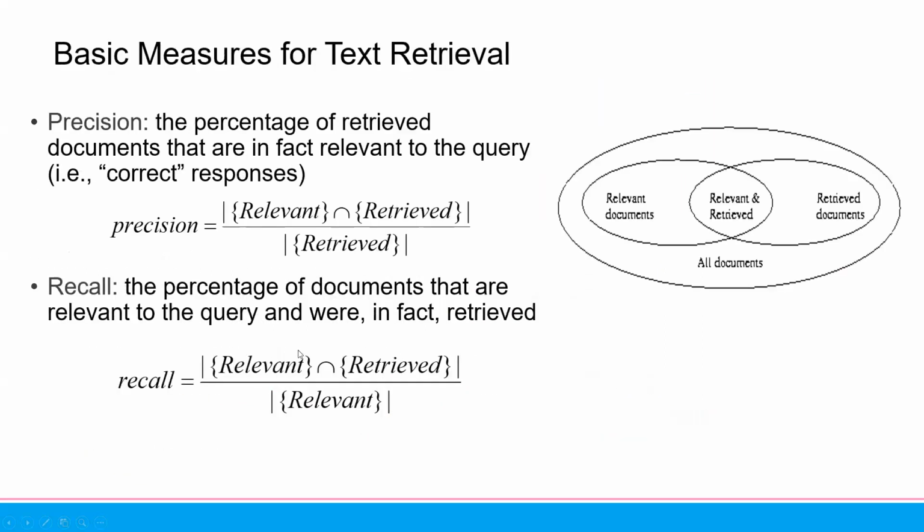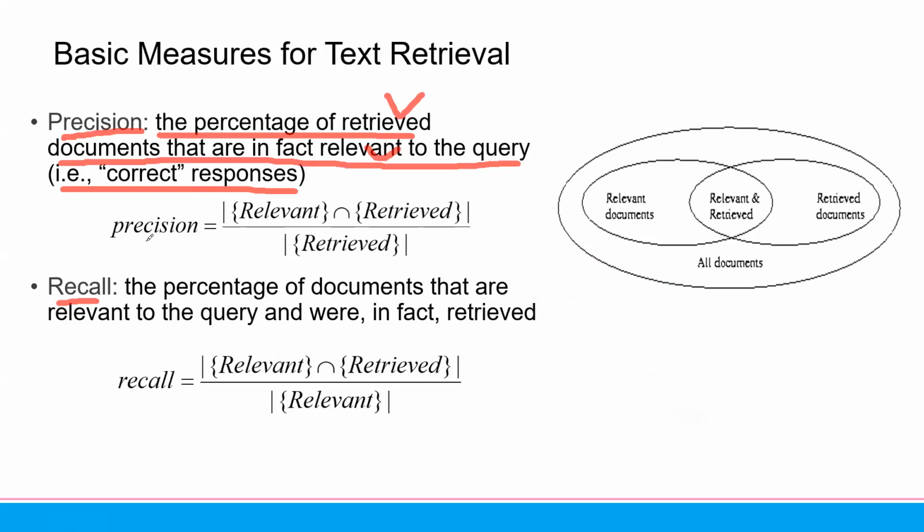So we have basic measures for text retrieval. We have two measures, precision and recall. Precision means the percentage of retrieved documents that are in fact relevant to the query. We call this the correct response.